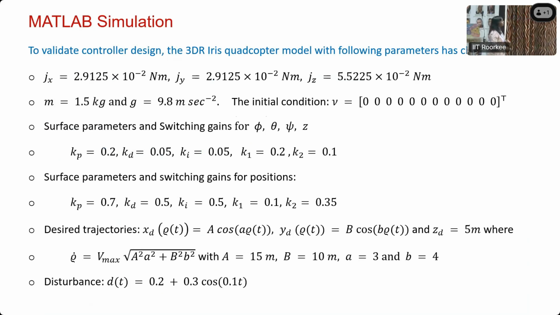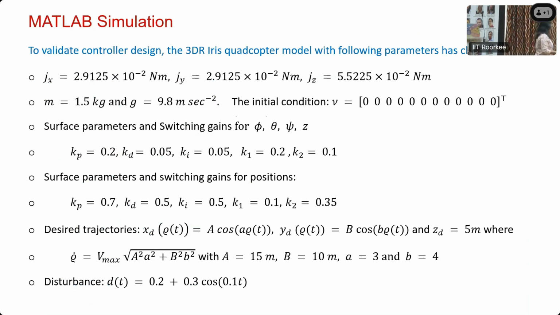So this is the initial condition. And of course we have tuned all the gains. So you can see that we have gains in the sliding surface, then we have gains in the control input also. So accordingly we have chosen these values, and the desired trajectory is represented by this equation, which is the equation for a Lissajous curve.